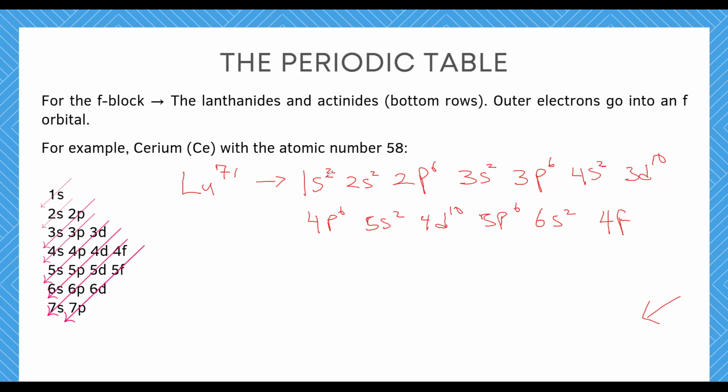So we have 2 here, plus 2 here, that makes 4, plus 6 here, that makes 10, plus 2 here, that makes 12, plus 6 here, that makes 18. Are we all following? Yes, sir. Good. 18 plus 2, that makes 20. 20 plus 10, that makes 30, right?